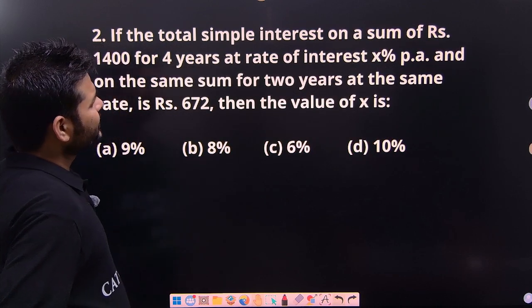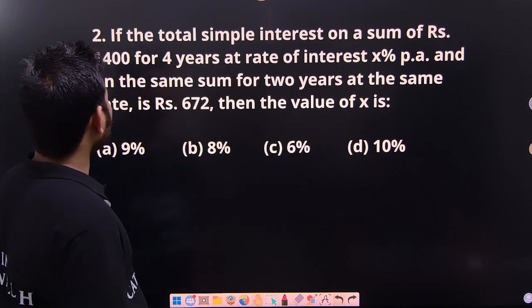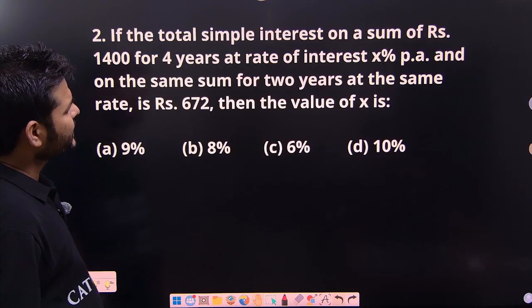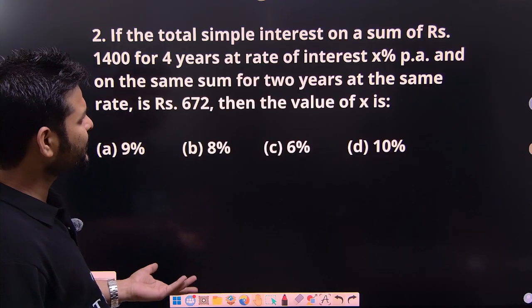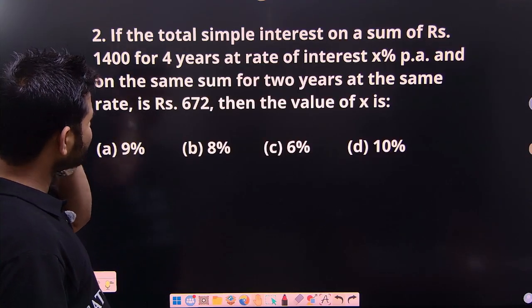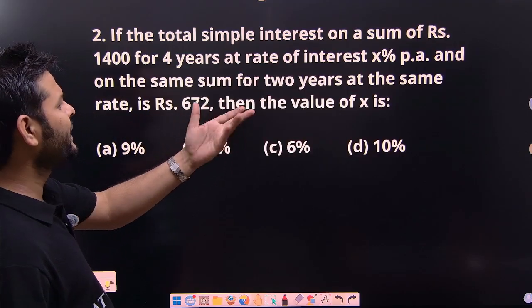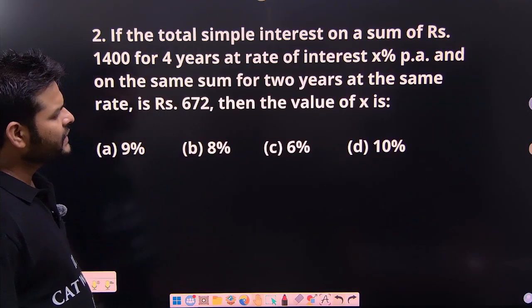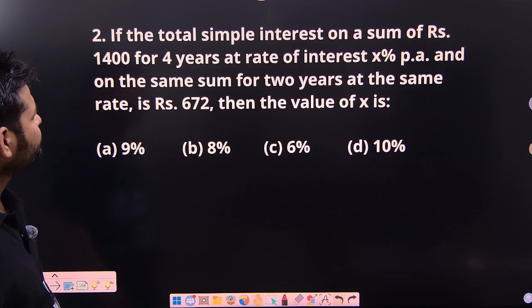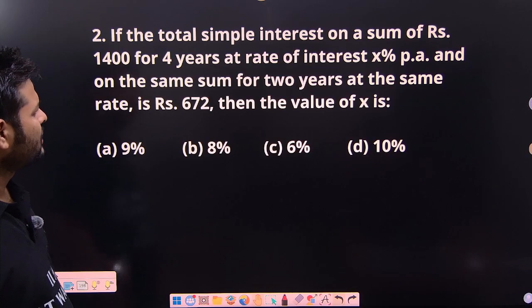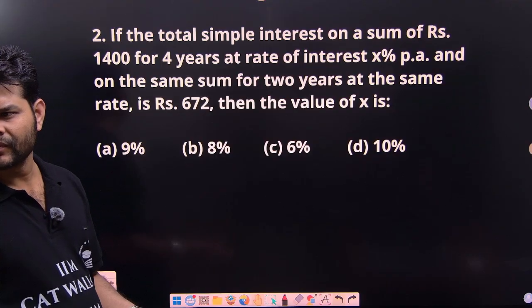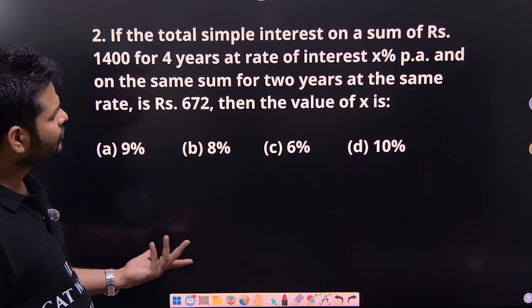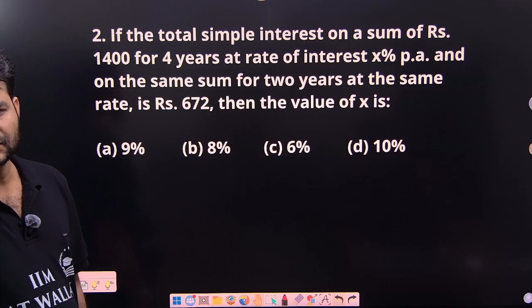If the total simple interest on the sum of rupees 1400 for 4 years at the rate of interest X% per annum, and on the same sum for 2 years at the same rate, is 672, then what is the value of X? Same question, I think. Got it?